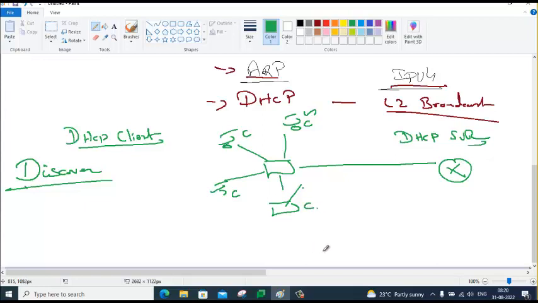All these DHCP clients are going to send a layer 2 discover packet.